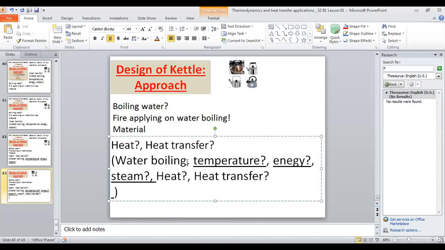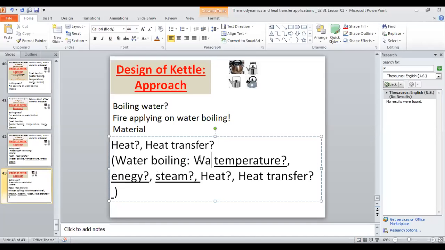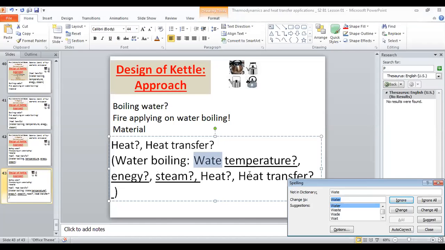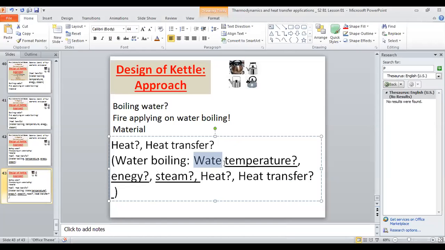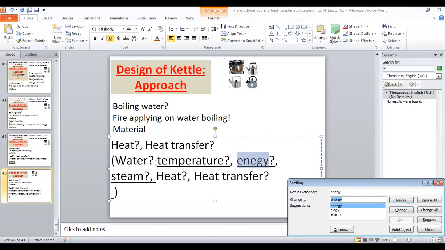That's what we call the water body. You should even know about water. That is very important. What is water? And what is water boiling?